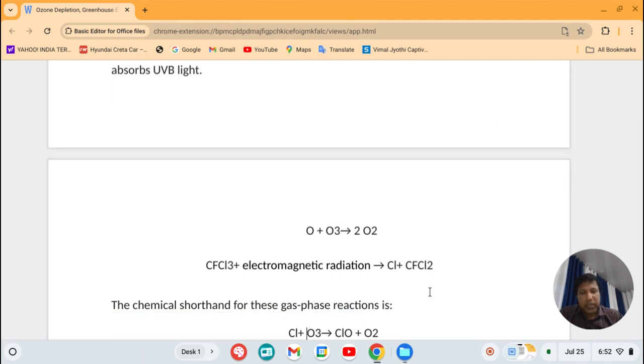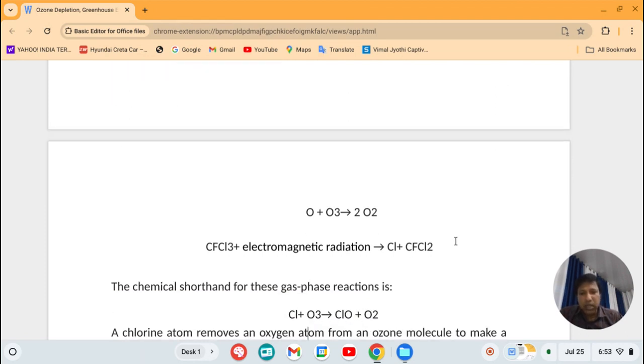Now this chlorine will act as a catalyst for the decomposition of ozone. This chlorine depletes ozone, and ClO and O2 will be formed. So the CFC will be split, chlorine will be liberated, and this chlorine will act as a catalyst to deplete ozone.